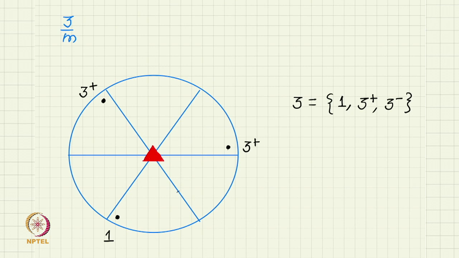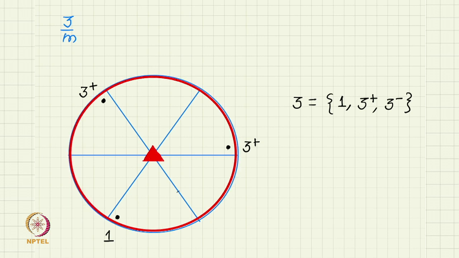So, now let us consider the case of threefold. I have the point group 3 with 3 operations, 1, 3 plus and 3 minus, and the corresponding 3 general positions. I want to develop a group by placing a mirror plane perpendicular to this threefold. So, I place a mirror plane along the equatorial plane. So, this horizontal plane or the equatorial plane now becomes mirror.